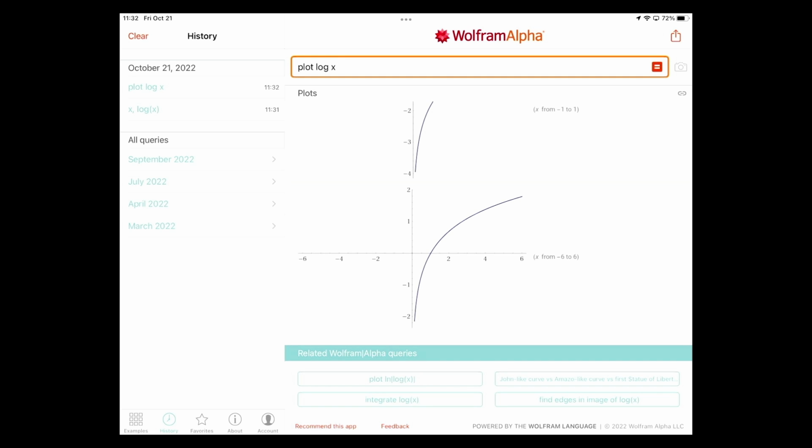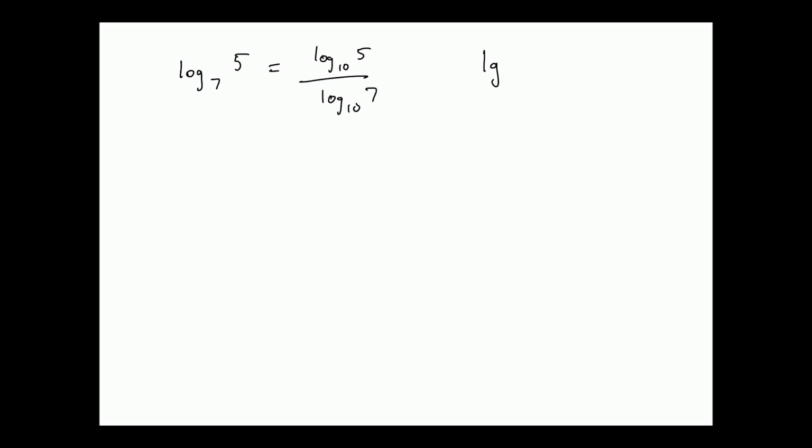So for large values of n, who's bigger, x or log x? X is way bigger, right? Log x is smaller than x. And so log n is smaller than n for large n.